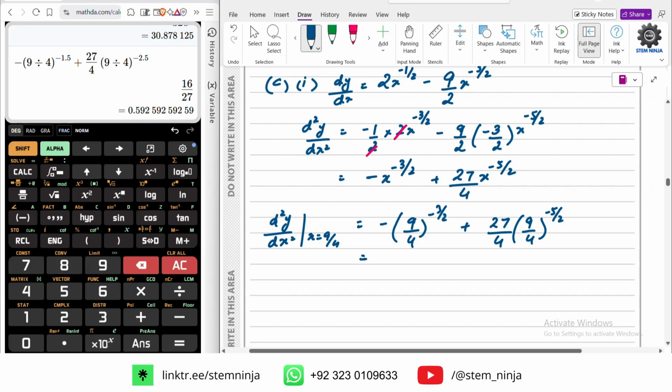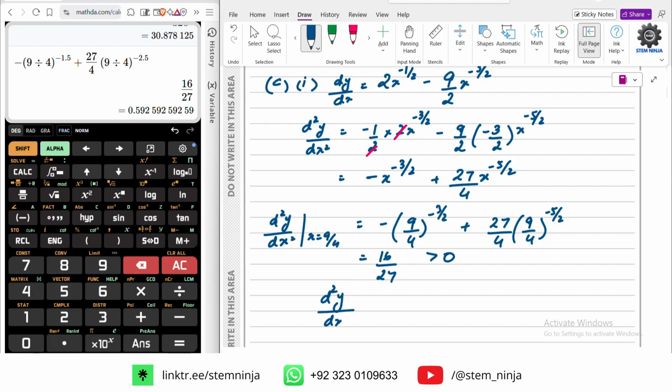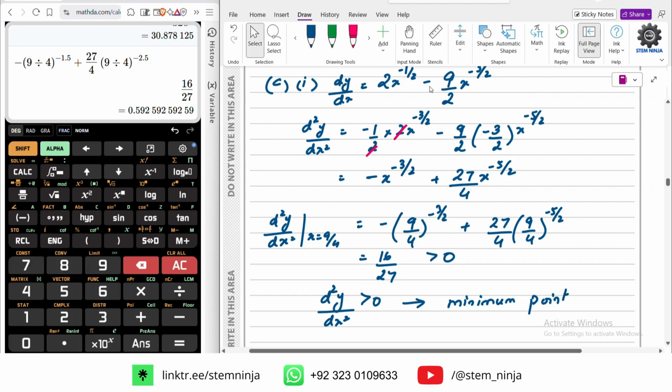So you're getting 16 over 27, which is greater than 0. So therefore d squared y over dx squared is greater than 0, so therefore it is a minimum point. Right. Okay.